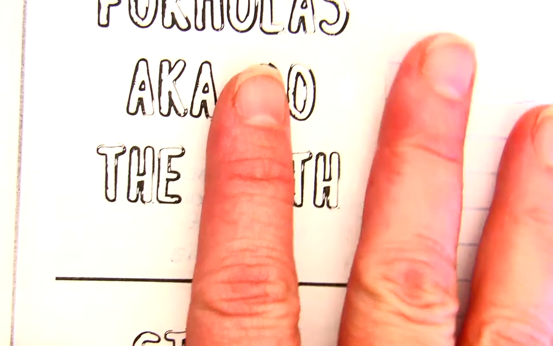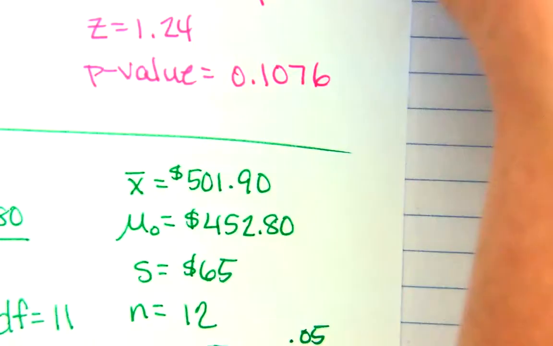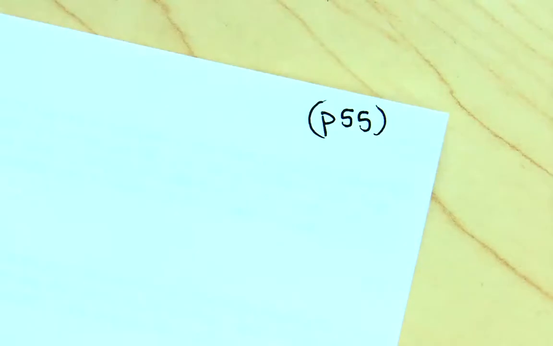So, turn on over to page 55. That page should be blank at this point, and we're going to fill in some examples of doing the math. Page 55 in your notebook.